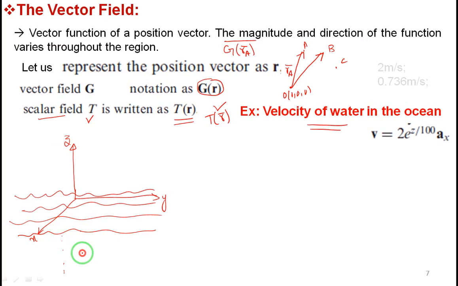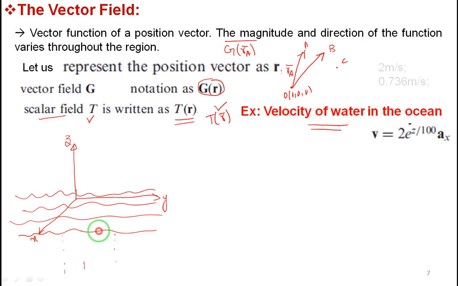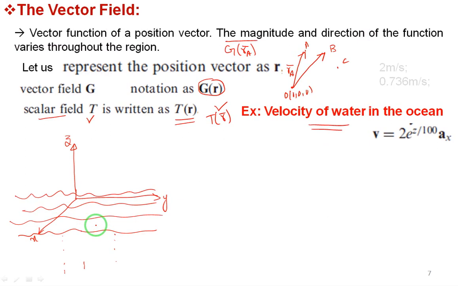And the bottom of the water, this is the depth. It is along the negative Z axis. This is the depth of the water. Then I want to find out the velocity of the water in the ocean. Let me assume this is east direction, this is west, this is north, and south is towards the negative x axis, right? East, west, north, south. I will assume that the water is flowing in the north direction.